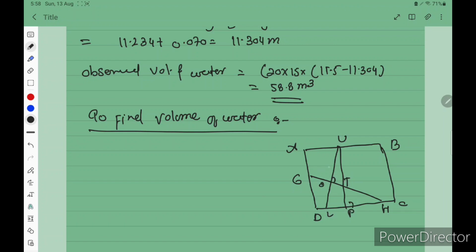UOLPT, so UL we already have, 11.502 meters.